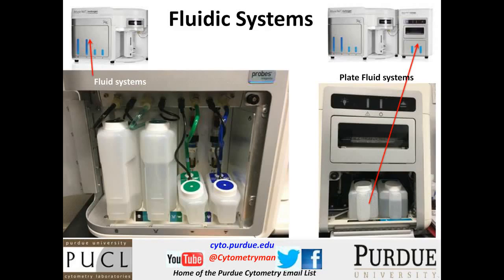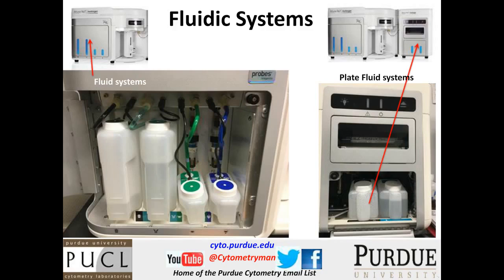Now, something very interesting about this system. I mentioned earlier that the original idea of Greg's was to build and design a system that was sheathless. Well, it didn't turn out quite that way. It isn't sheathless, it's actually less sheath.